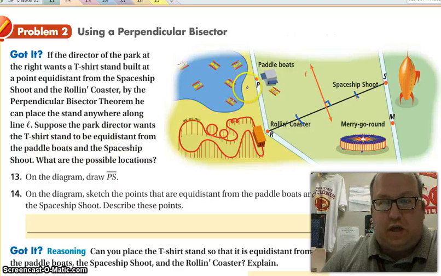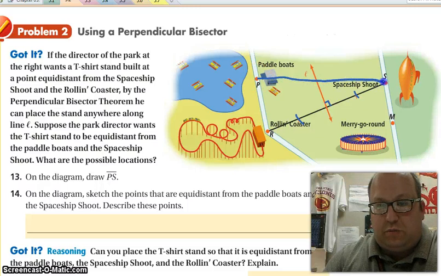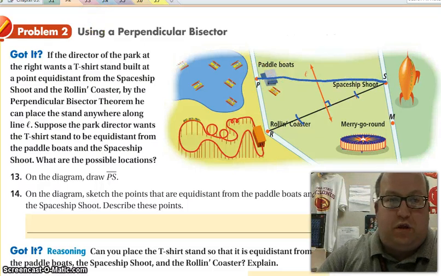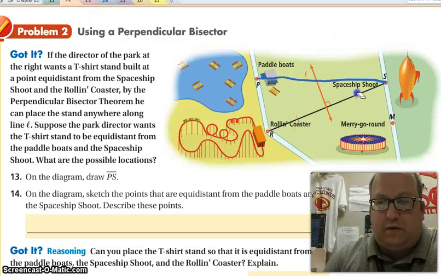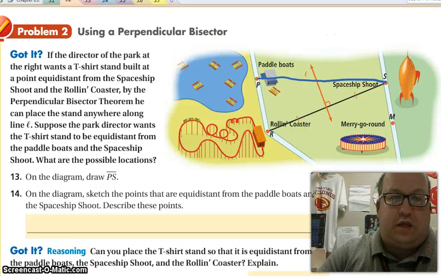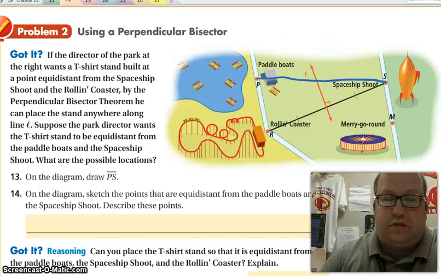What are the possible locations? Well, first we need to connect the paddle boat and the spaceship chute. You can forget about that stuff I was saying about this one. I don't know what that stuff is there, maybe to distract us.